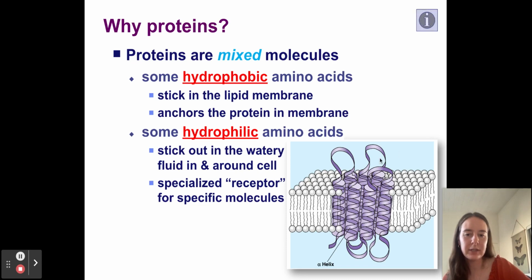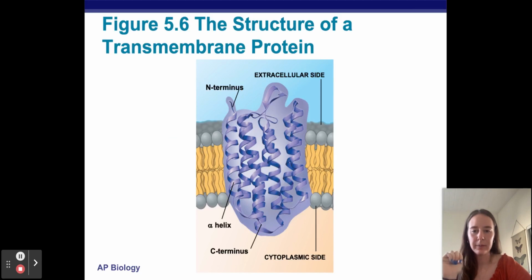These outer regions can be specialized as receptors for specific molecules. Depending on the chain of amino acids that make up these hydrophilic chains sticking out of the cell, they can bind to other molecules, like receptors that communicate information within the cell. We'll talk a lot more about that later this chapter.